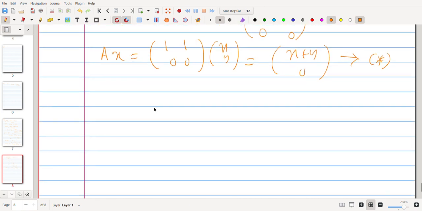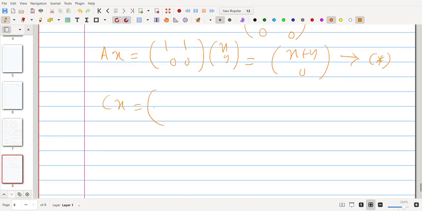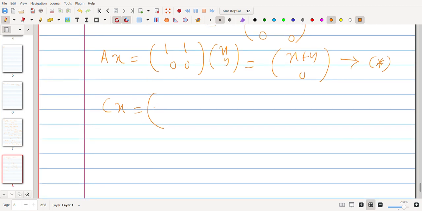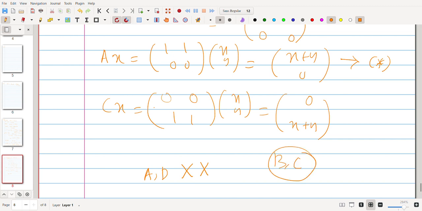Cx equals 0 0 1 1 times (x, y), which gives (0, x plus y). So clearly the column space of A doesn't contain the column space of C. In particular, you can take the transpose and keep the counterexample simple. So hence A and D are false. The given answer in the answer key is correct actually. So those who have a doubt, you can check this counterexample. I hope it will be clear, and B and C are correct.